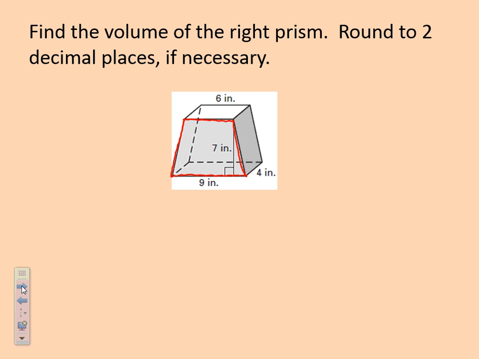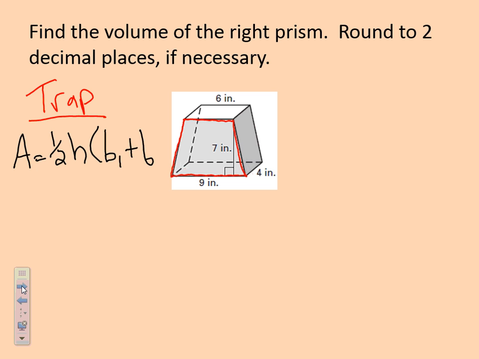So first thing I'm going to do is find the area of my base. So we're going to work with our trapezoid. To find the area of a trapezoid, remember we can have our bright pink sheet out. Area equals 1/2 the height times base 1 plus base 2. So I'm going to plug in the information that I know.